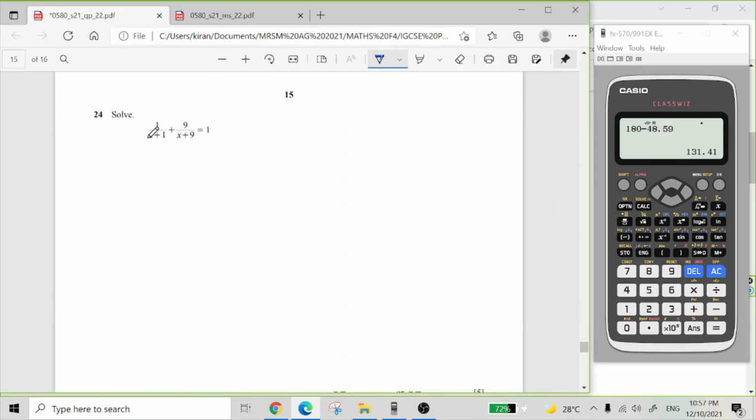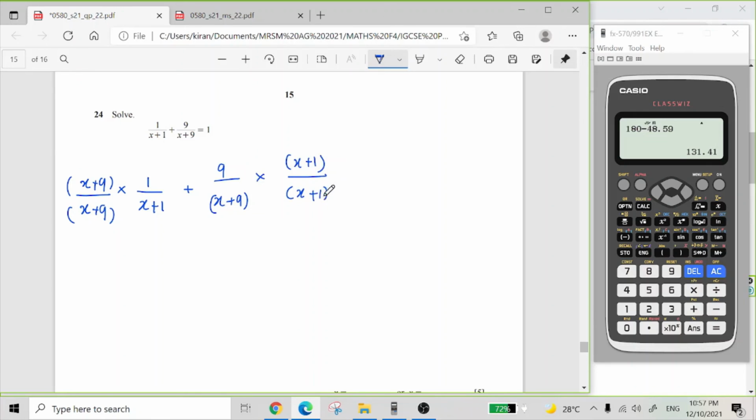For this kind of equation, make sure that we make the denominators the same expression. So we have to multiply: x plus 1 times x plus 9, so the denominators are the same. Do not go and multiply by the conjugate. So we make the denominators the same first.